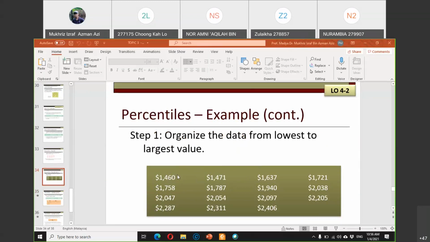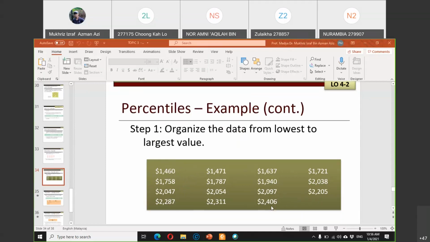Okay, 1460, and this one is already arranged from the smallest: 1460, then 1471, 1216, until the highest value, 2406.